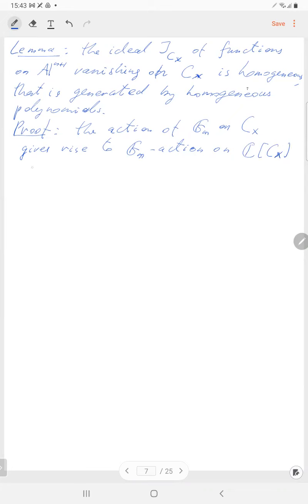So we have the functions on the ambient space, and there is a restriction to the functions on this cone.